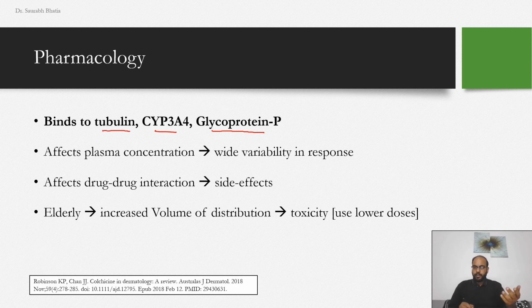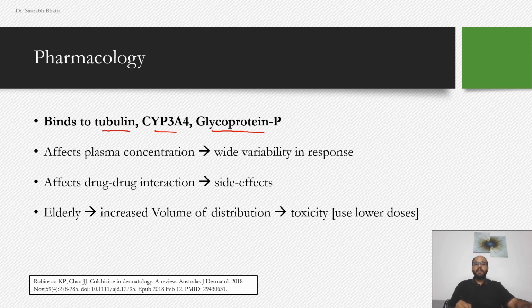That is how it undergoes metabolism, and it also binds to P-glycoprotein. It is very important to understand this binding, because any other drug which will influence this binding, or which will influence the metabolism of colchicine via CYP3A4, will lead to toxicity.